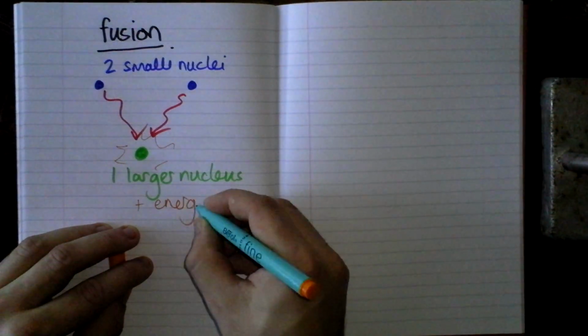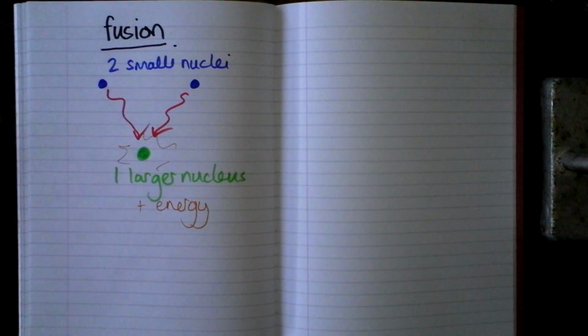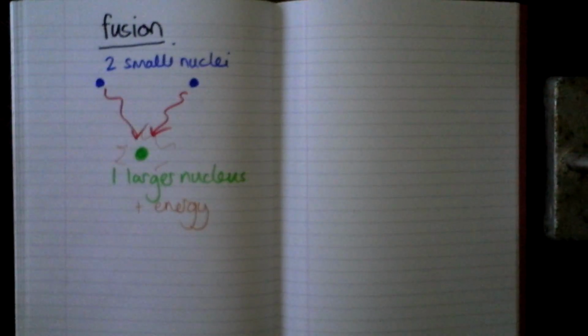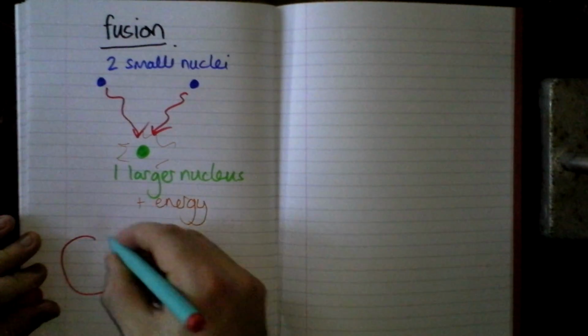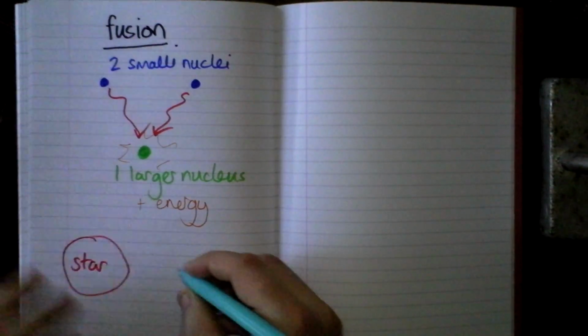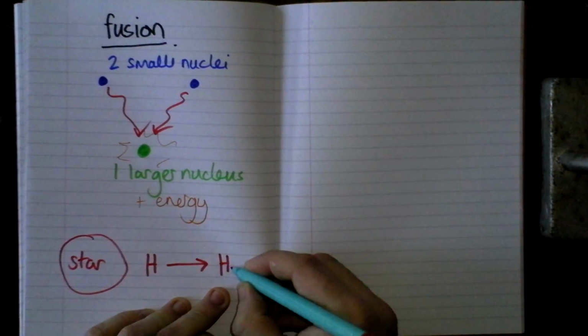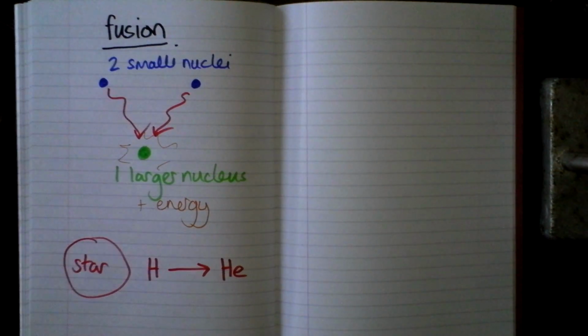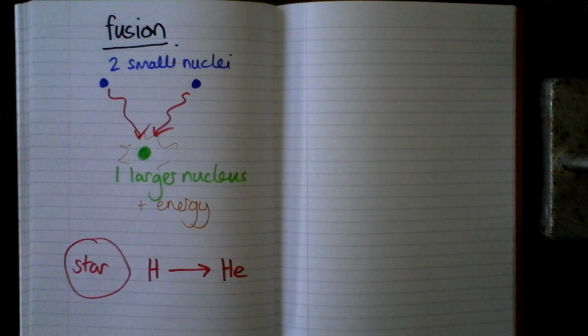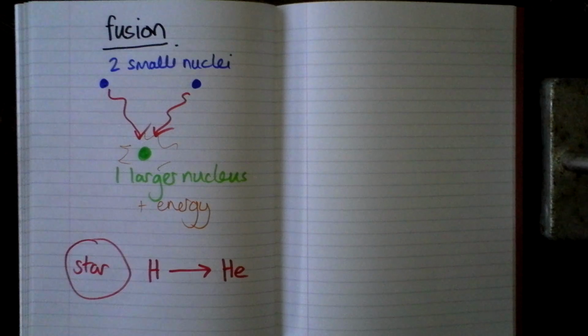which is thoroughly useful. Now, this is all that happens in stars. So inside a star, you have hydrogen that is gradually being fused to make helium. That's what gives a star light. It's the energy being released by this fusion reaction that makes a star bright.